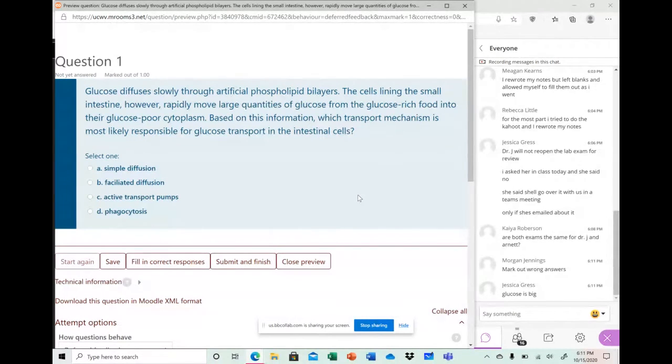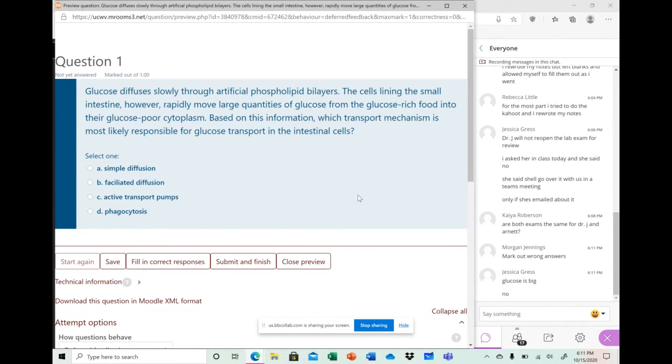So like Jessica said, glucose is a bigger molecule. So is it just going to be able to get through the membrane as easy as, say, oxygen would? No, right? Because it's bigger, it's going to need a little bit more help.